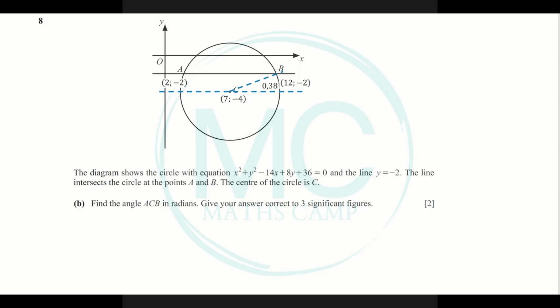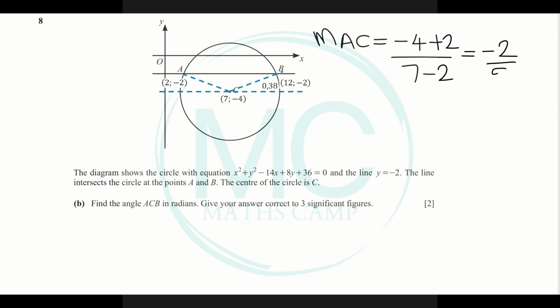Now let's find an angle for AC. So let's draw in AC. A takes on the coordinates 2, negative 2, and C, 7, negative 4. So for the gradient of AC, I can say negative 4 minus negative 2 over 7 minus 2 is equal to negative 2 over 5.